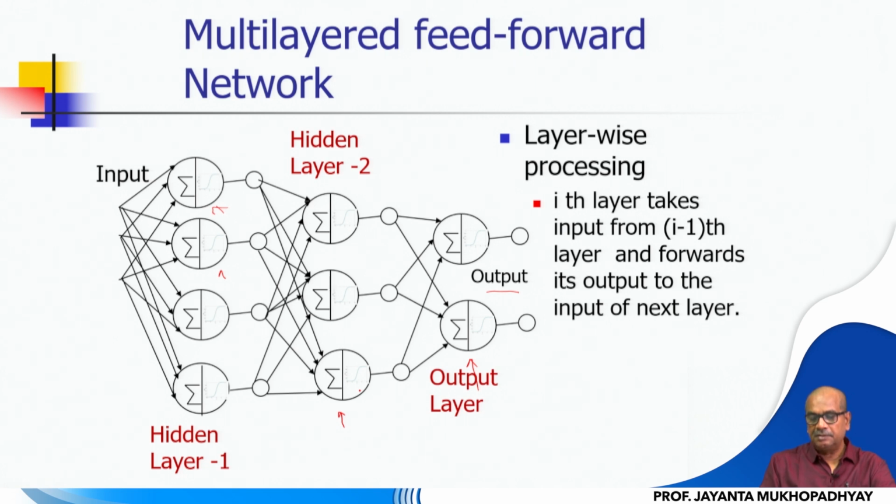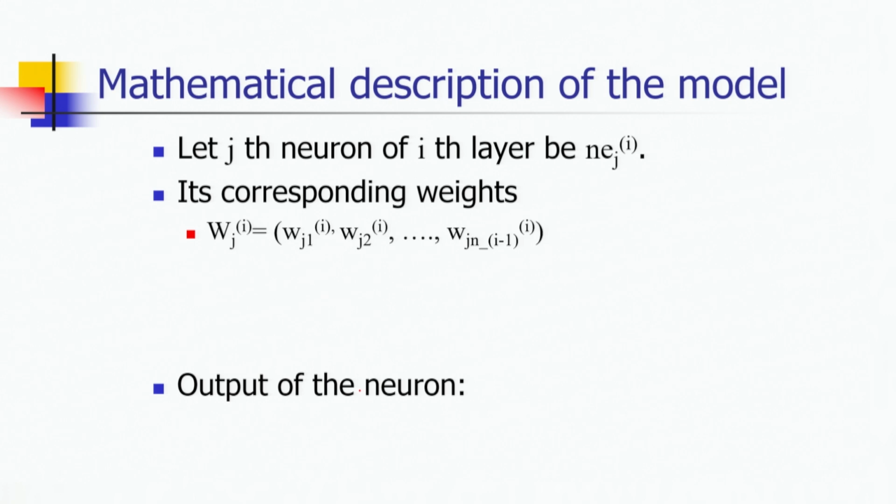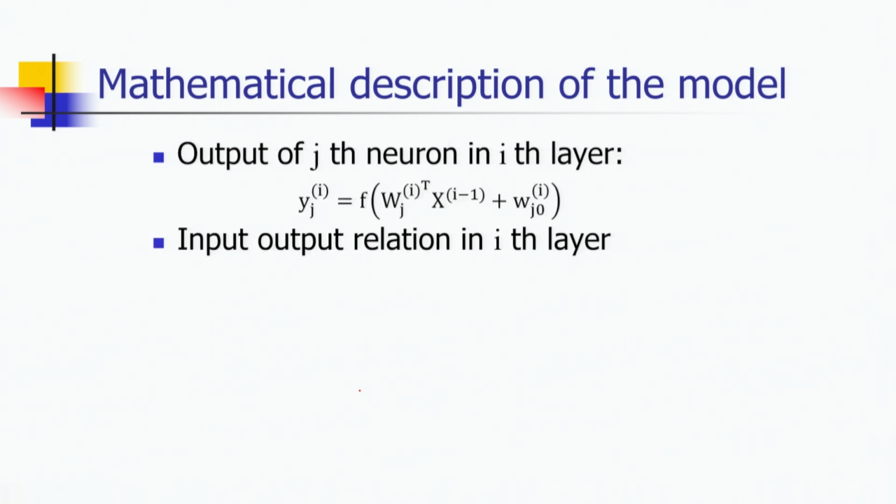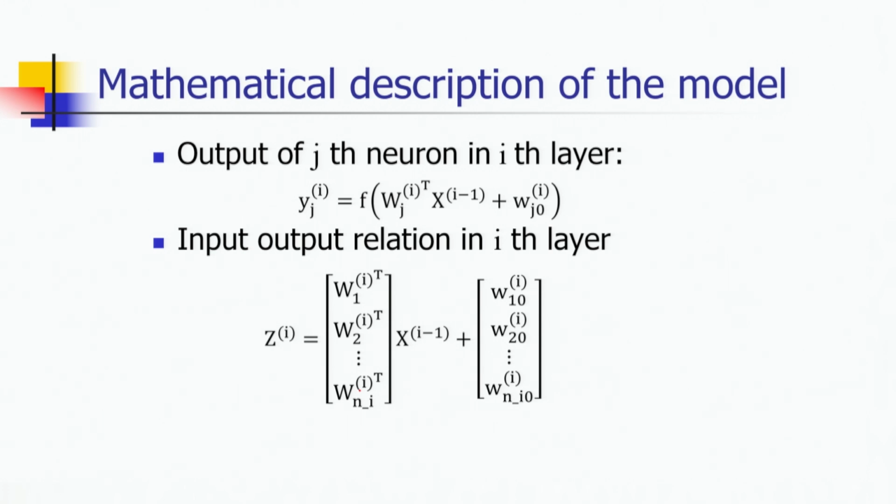We have also discussed how we could mathematically model the input-output relationships using the weights of connections, representing them in the form of a weight matrix. The output relation can be expressed for any ith layer.